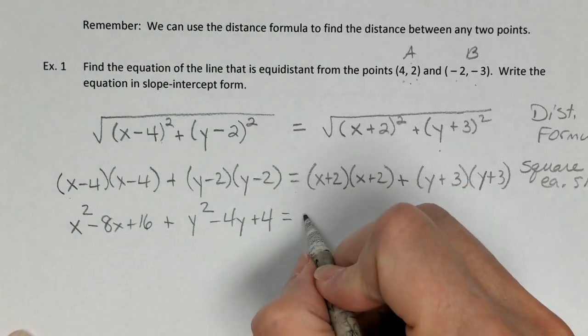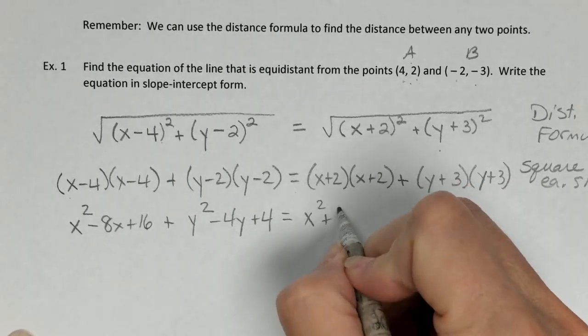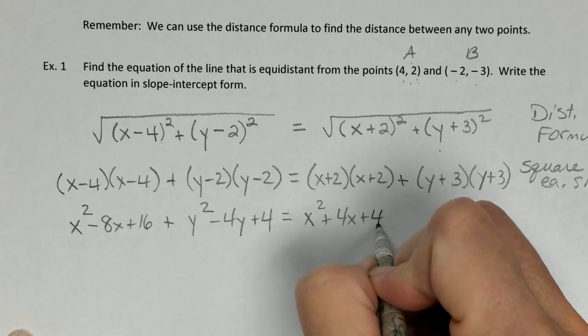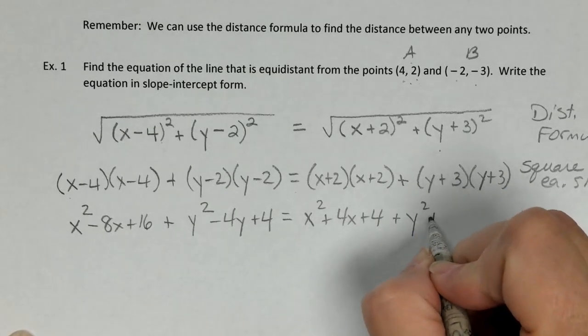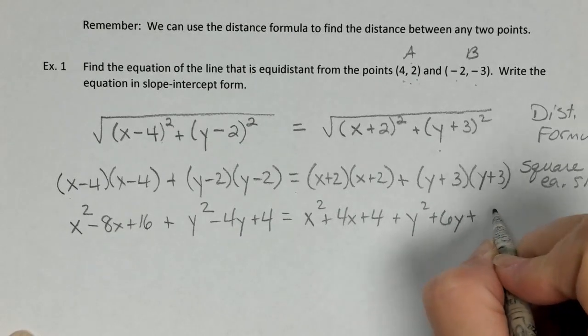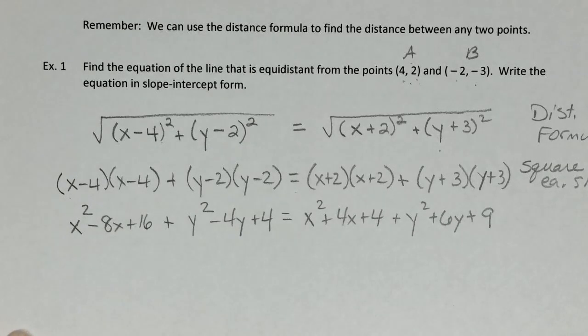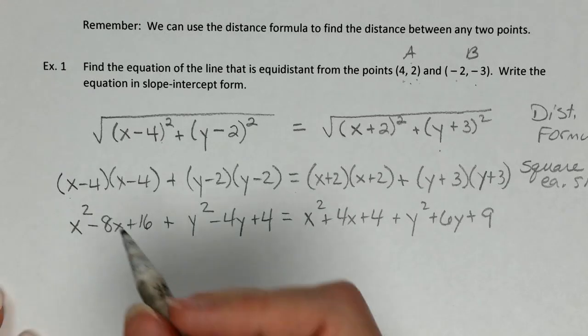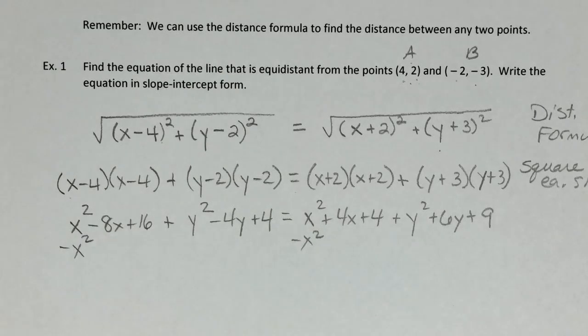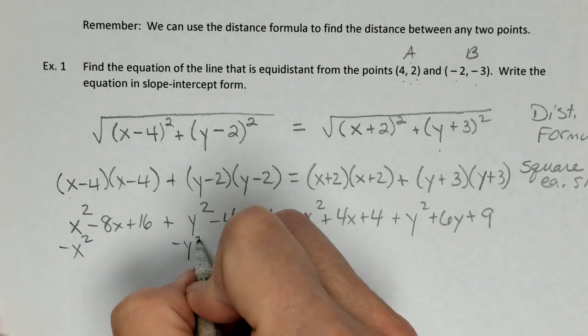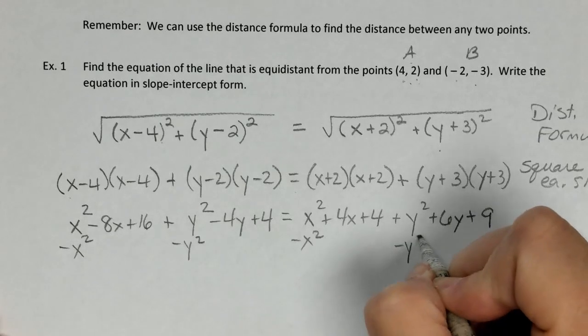Over here we have x squared plus 4x plus 4, and then y squared plus 6y plus 9. And a lot of things are going to cancel. We can subtract x squared from both sides. They cancel. Subtract y squared from both sides. They're going to cancel.